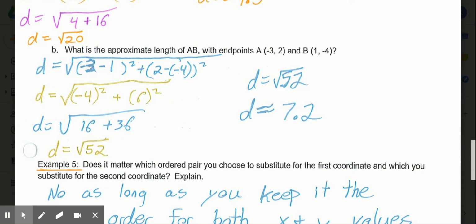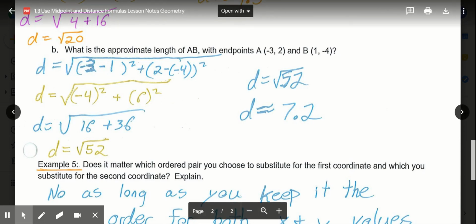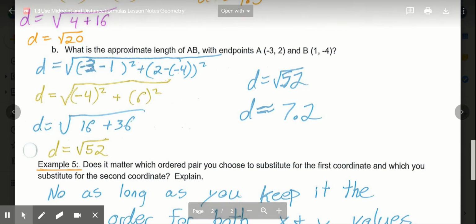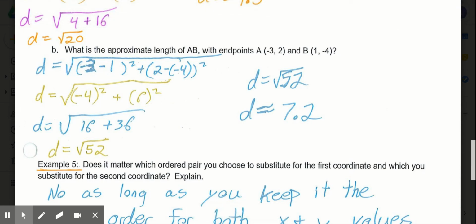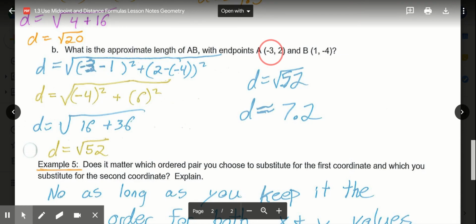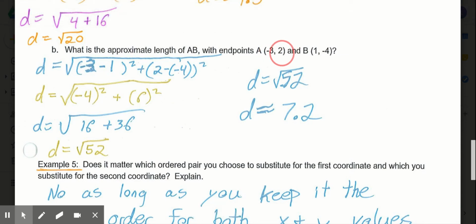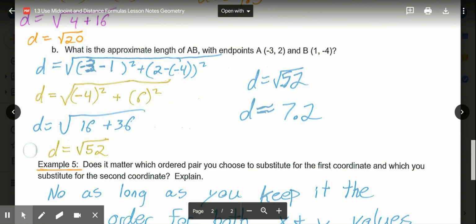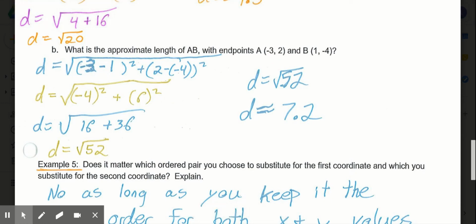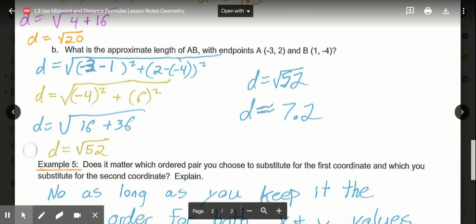So change in x, -3 from the A minus 1 from B squared plus the change in y. Because I started with the -3, I have to start with this one, the 2, minus -4 to the second power. -3 minus 1 is a -4.